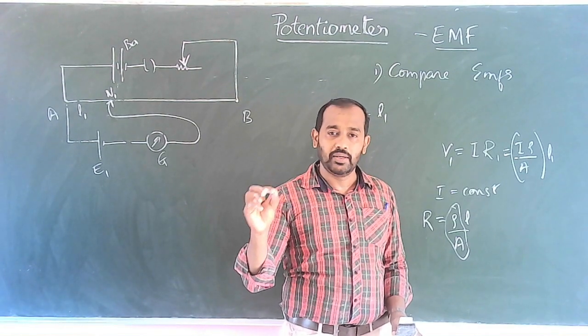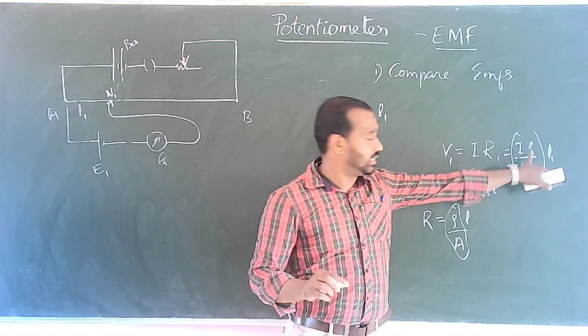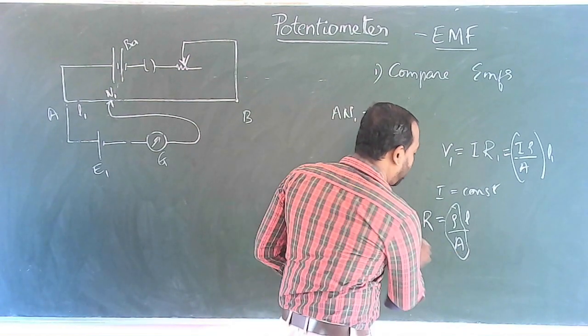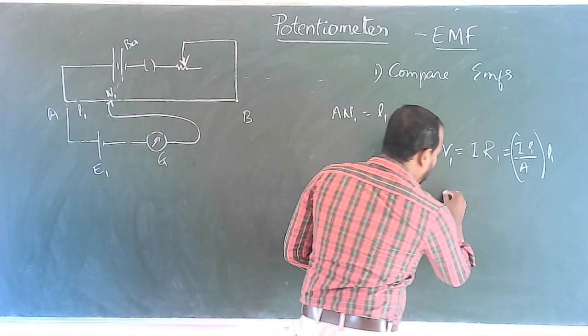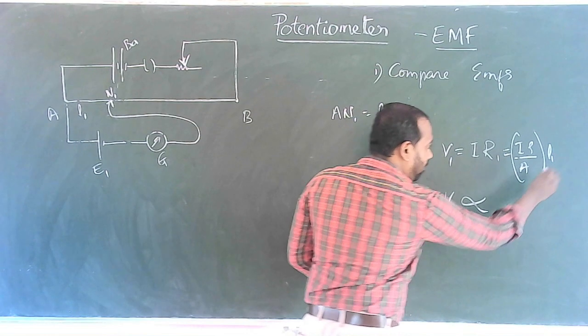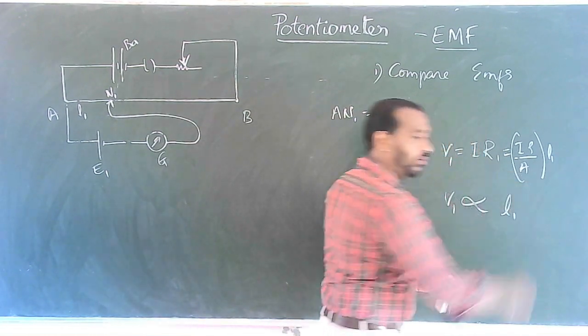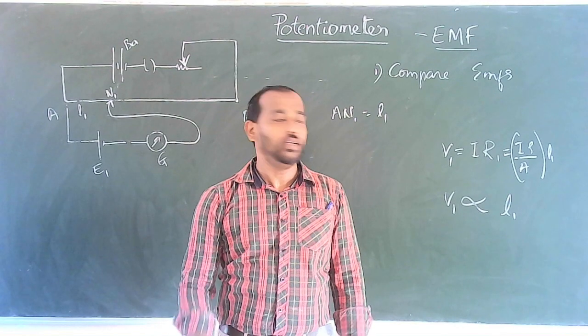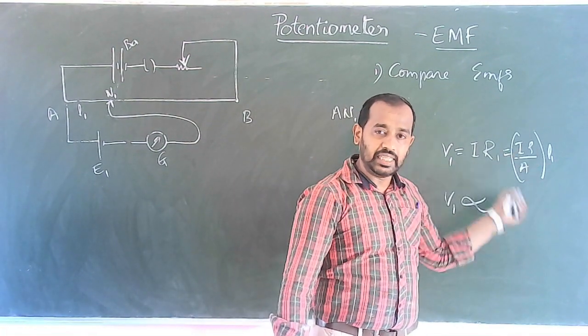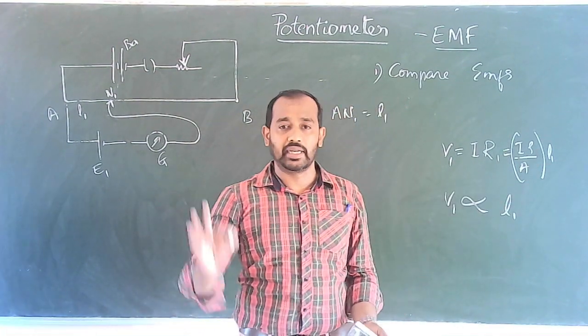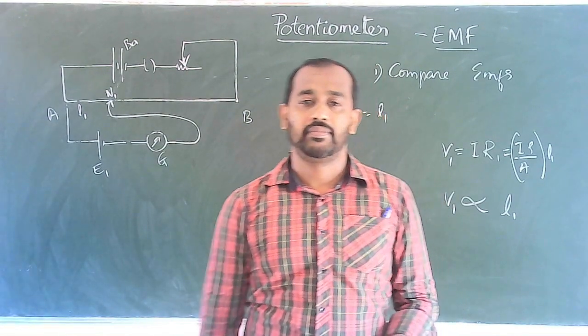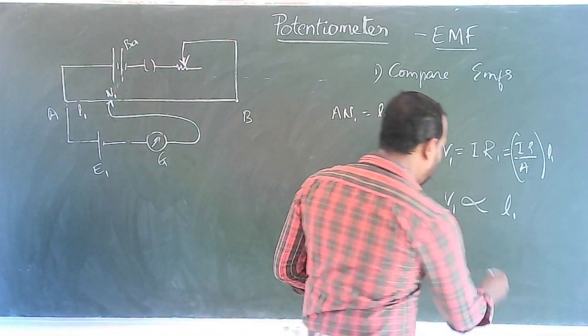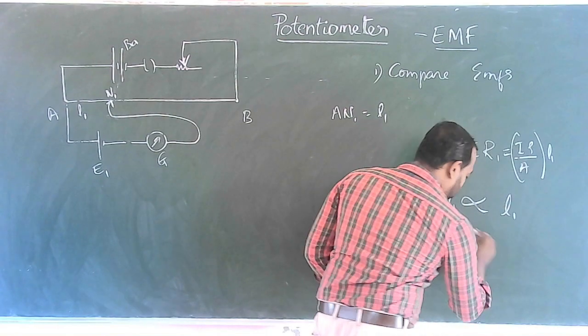So here, what we can see is that since this is a constant, the potential drop V1 is directly proportional to the length L1. Everything that is written in the bracket can be treated as a constant.